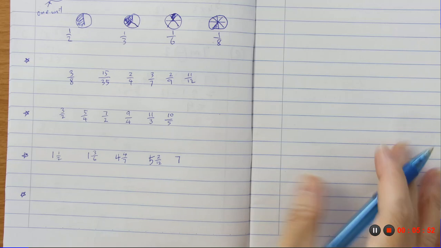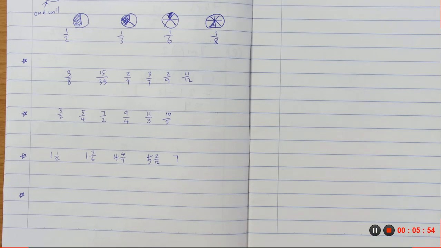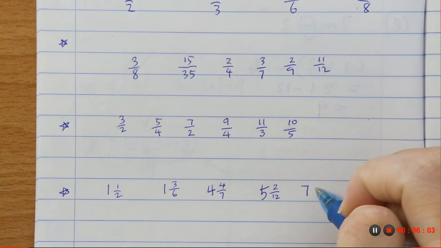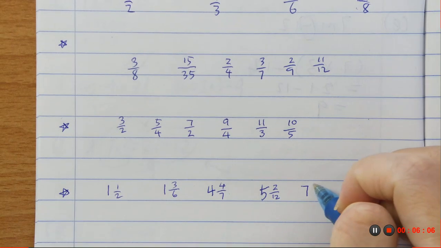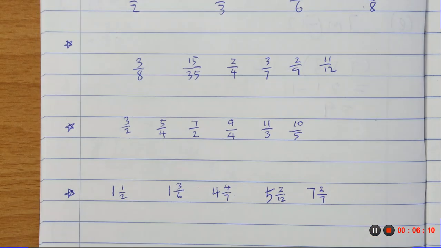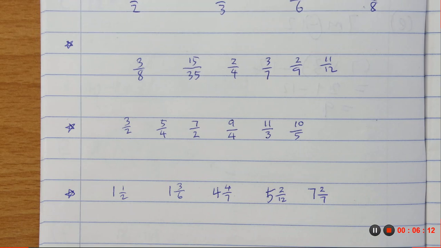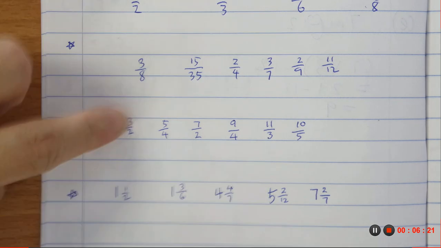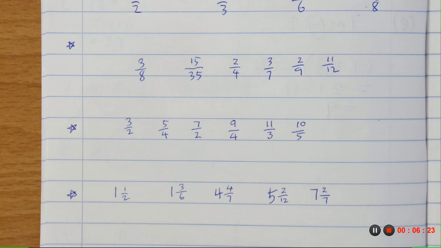Okay, so I wrote three kinds of fractions. Don't have the label yet. I'm missing out the labels for them. So here are three types of fractions.